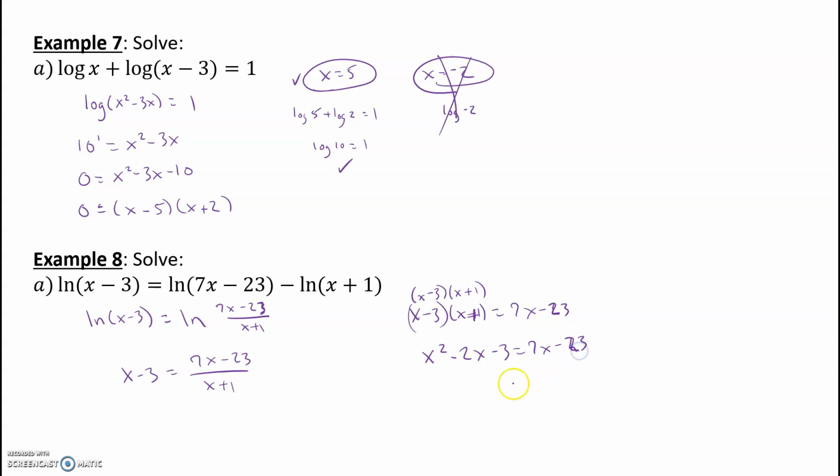Subtract 7x from both sides, we get negative 9x. Add 23, we get 20. And we're going to factor. X minus 4 and minus 5 makes 20 and 9. So we get x equals 4 and x equals 5. Plug both of those in and check, but they do both work.